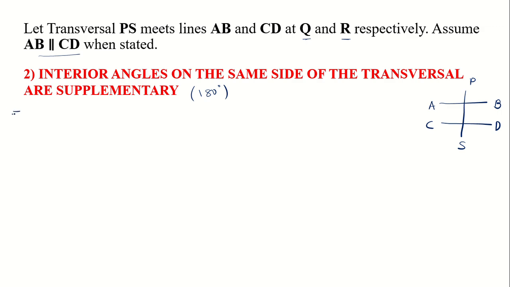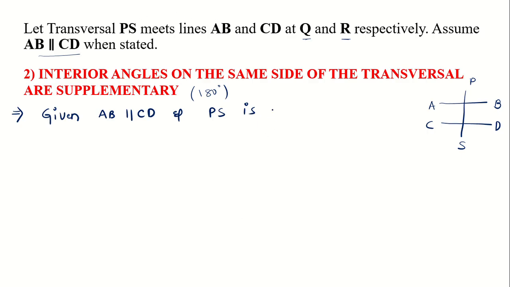Okay, so let us move to the solution. We need to prove that interior angles on the same side of the transversal are supplementary. Okay, so first let us write, it is given that AB is parallel to CD and PS is a transversal.